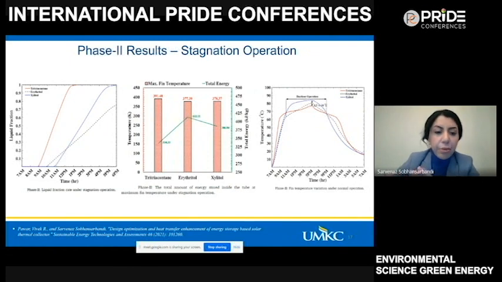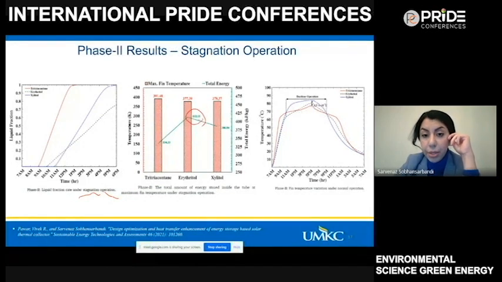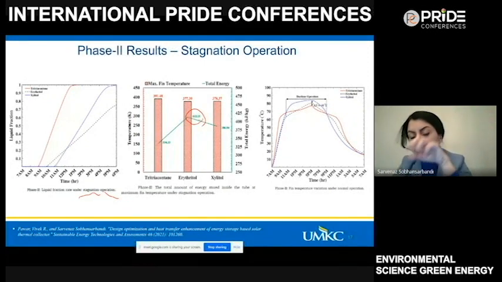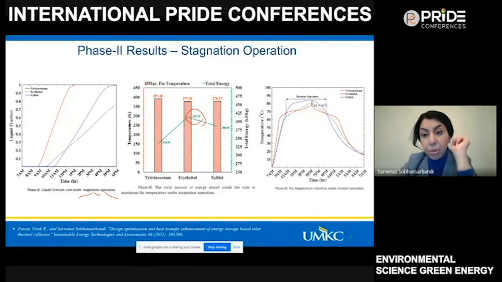We also ran the system for the stagnation operation, meaning there was no cooling happening; we were just heating and then suddenly started the pump. In this scenario, the total energy stored for the erythritol was around 413 kilojoule per kilogram, meaning you store more energy within the collector that can be released later on. And looking at the fin or tube temperature, we had a 10 degrees C higher temperature for the fin than in normal operation on the xylitol tube.